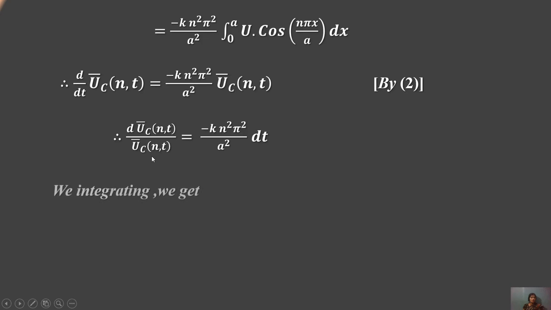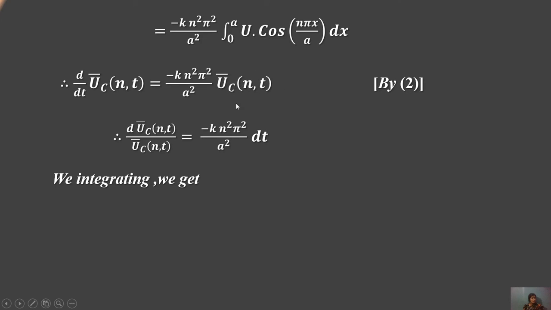Again integrating by parts under the given condition generates minus k n square pi square upon a square times the integration from 0 to a of u, considering cos(n pi x upon a) dx. That is d by dt of u_c(n,t) equals minus k n square pi square upon a square u_c(n,t).